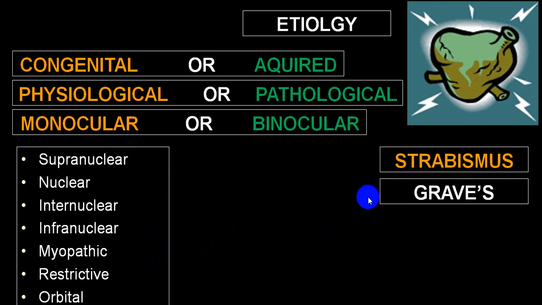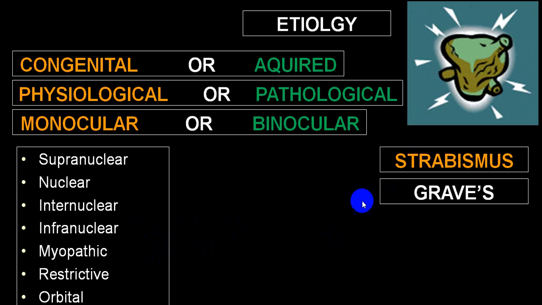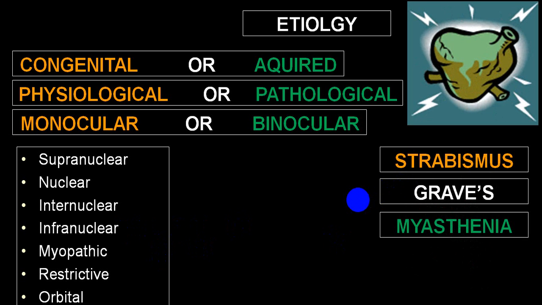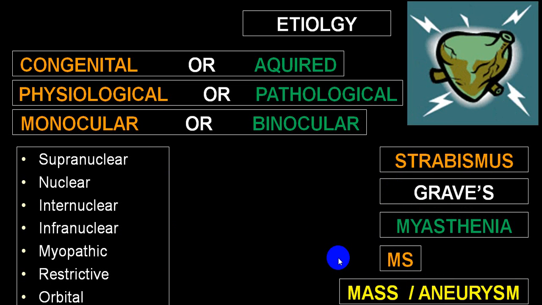Even restrictive, classical example will be Graves, where you will have exophthalmos. Myopathic will be myasthenia gravis or myopathy. And in a supranuclear variety, you can have multiple sclerosis, or you can have a damage in a supranuclear part by a tumor or an aneurysm.